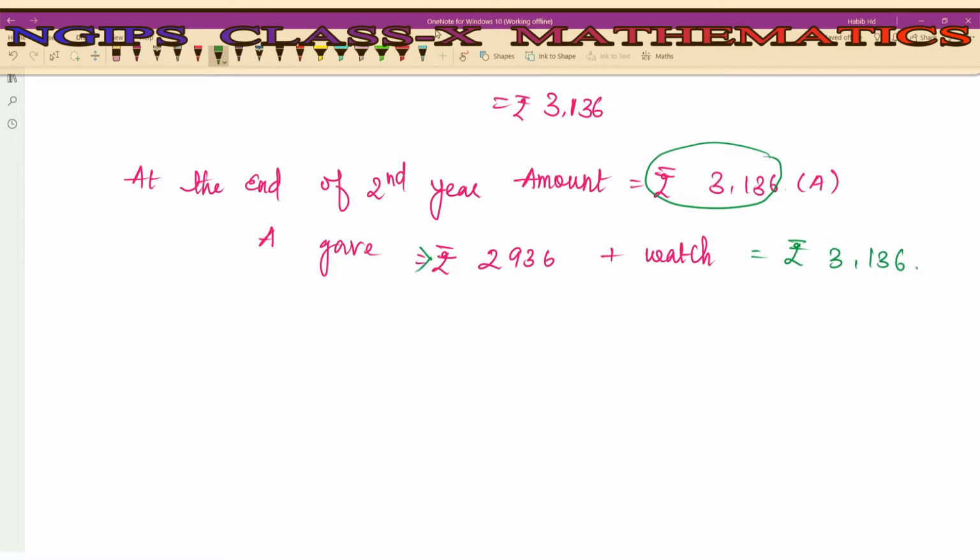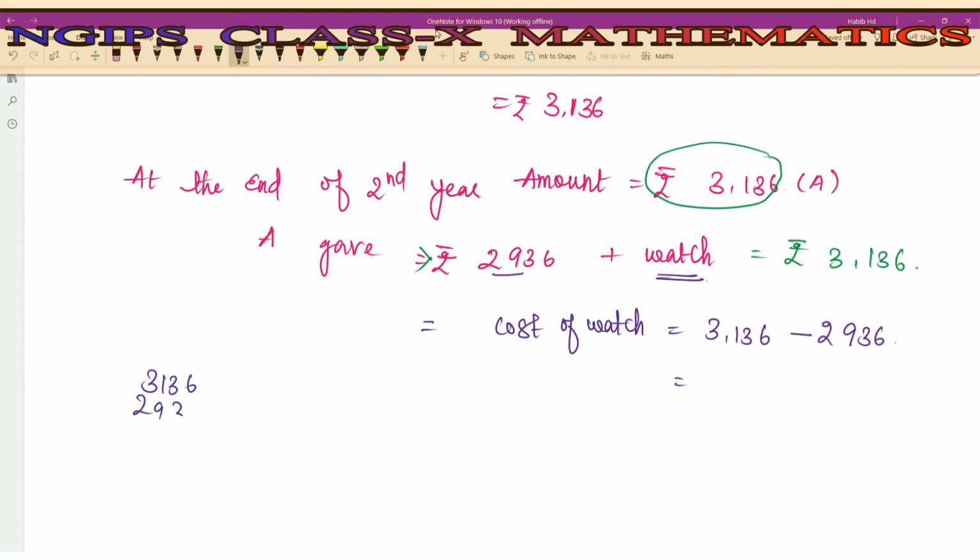Now if you look at this, we need to find out the cost of the watch. So here, on the left-hand side, the cost of the watch is equal to 3136 rupees minus, if you shift to the opposite side plus will become minus, 2936 rupees.